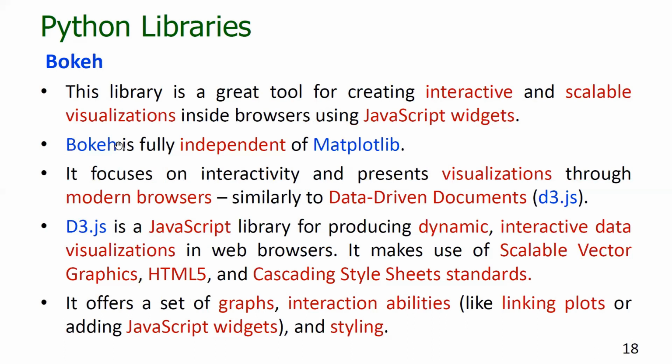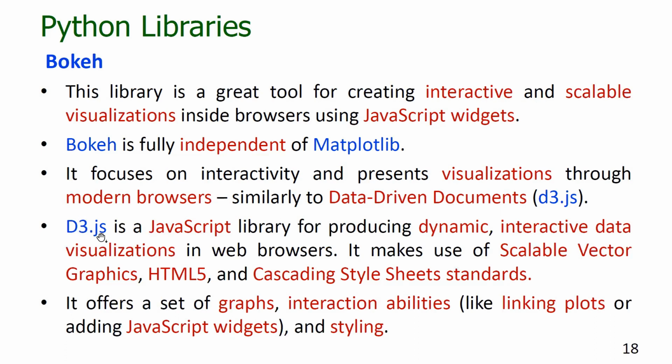Then Bokeh is the next library, which is a great tool for creating interactive and scalable visualizations inside browsers by using JavaScript widgets. Bokeh is fully independent of Matplotlib. It focuses on interactivity and presents visualizations through modern browsers, similar to data-driven documents like D3.js.